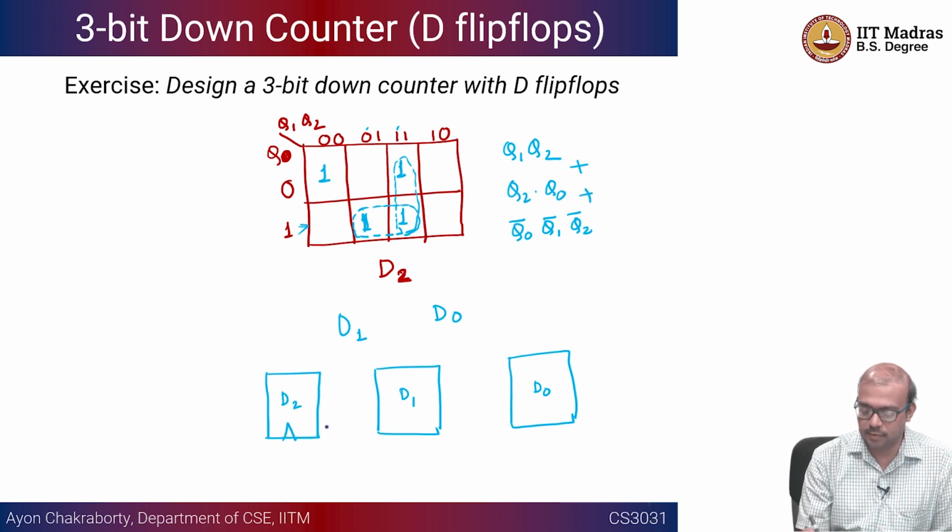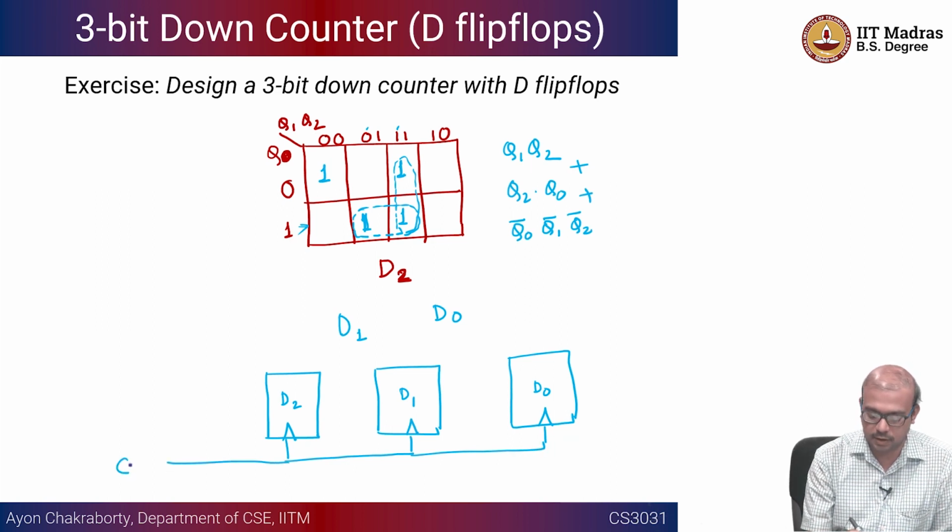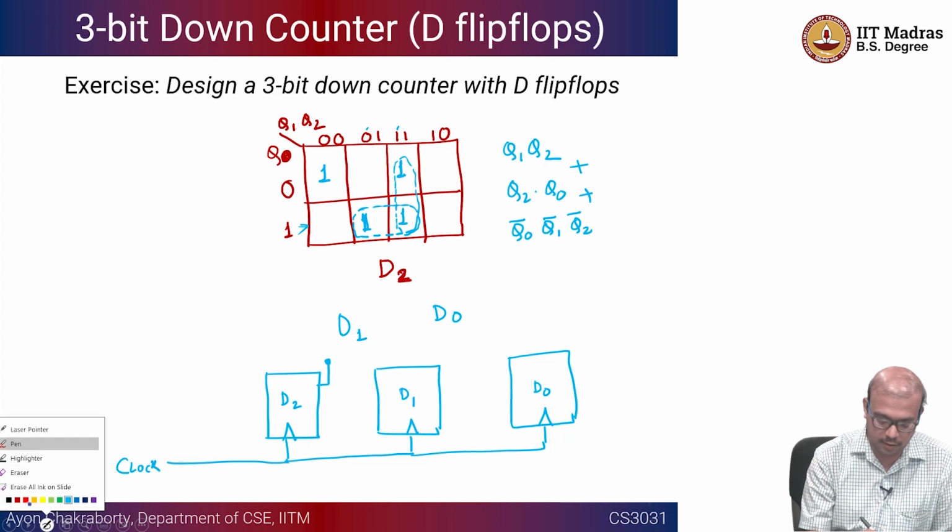The next thing that you have to give is a synchronous clock pulse. You need to make sure that the clock is simultaneously applied to all of them. So this is your clock. Now you have an output. So these are your outputs. Maybe I'll draw your outputs with a different color.